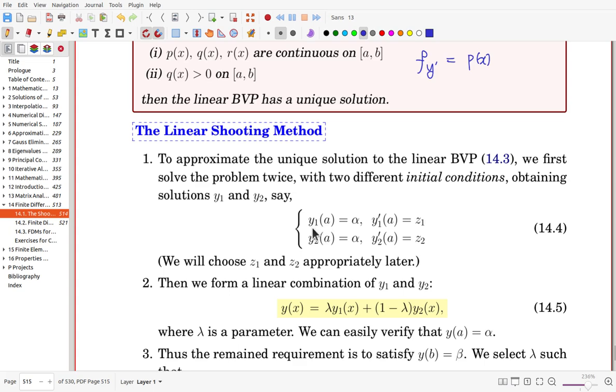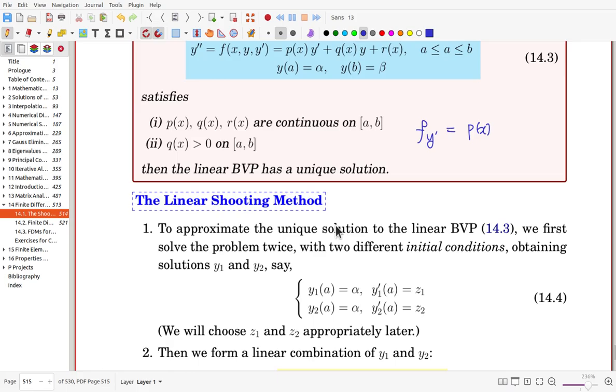Now for y1, the function value at the beginning point is alpha. Its slope, y1 prime at the beginning point, is originally not given. So we assign a slope value, z1, and solve it.